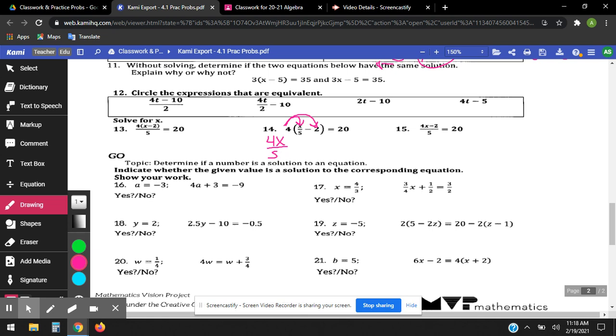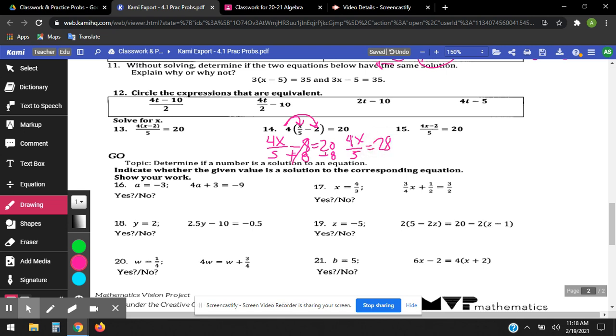Notice if you do a multiply, it only applies to one of them. It's 4 over 1 times x over 5. So it's 4x over 5 minus 4 times 2, which is 8, equals 20. Well, I want to undo this minus 8, so I'm going to add 8 to both sides. So I get 4x over 5 equals 28.